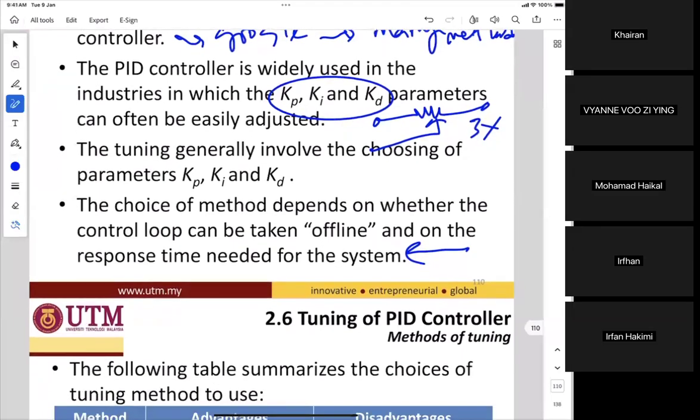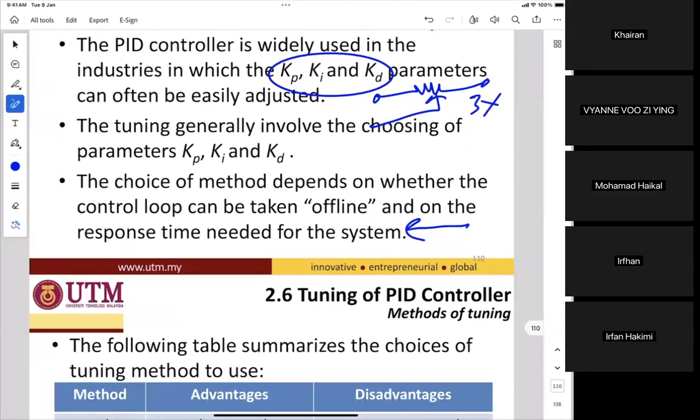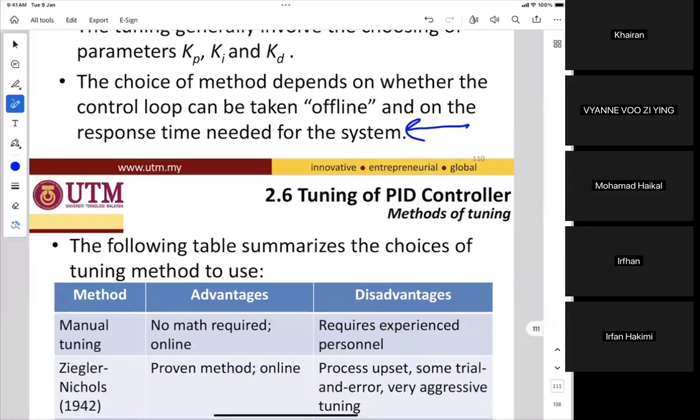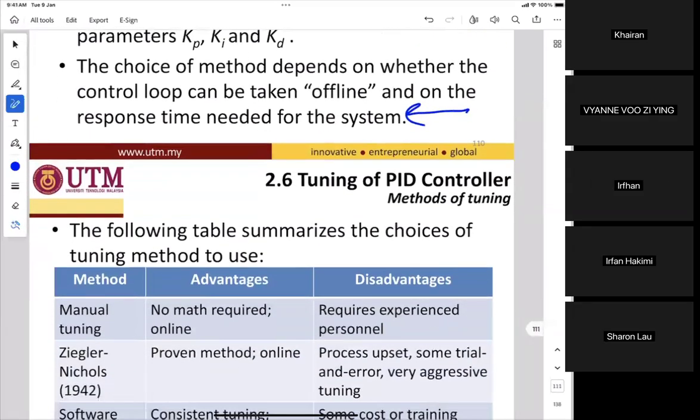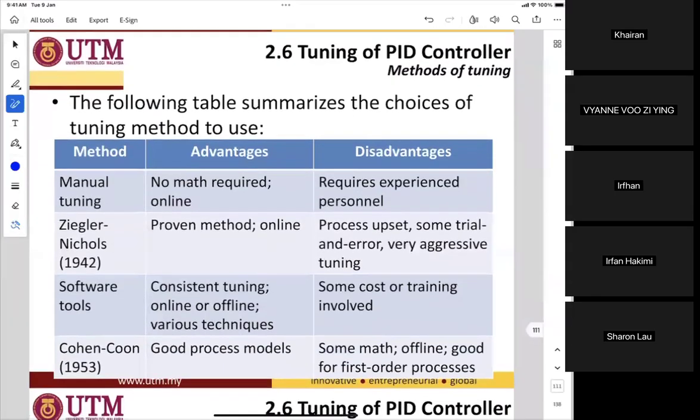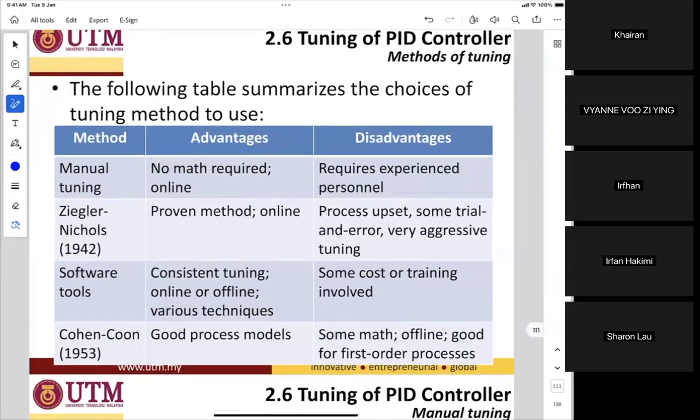Online means the system is ongoing: when the motor is rotating, you tune there to get Kp, Ki, and Kd. The other one is offline, where you just take the data, turn off the system, then analyze. The system is not ongoing. So we have several methods here.